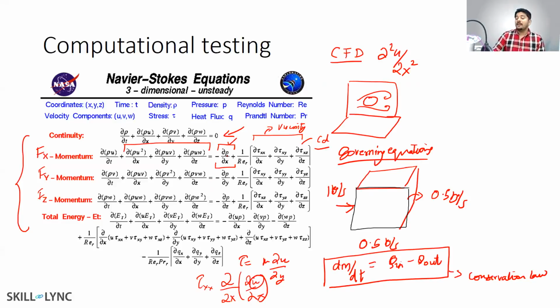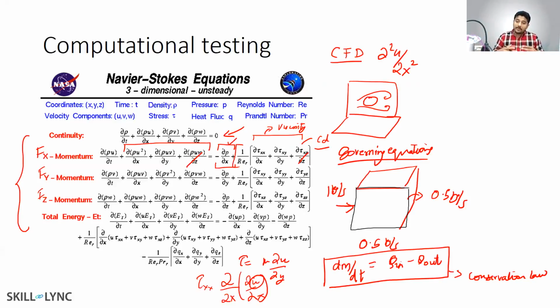The reason people still simplify is that if you make your domain a certain way, for example if the flow is two-dimensional, then you can automatically ignore the z terms. Similarly, if your Reynolds number is really large, you can make some approximations there.